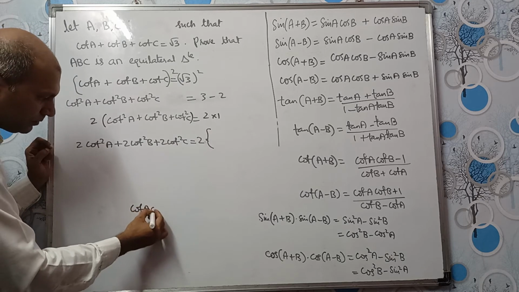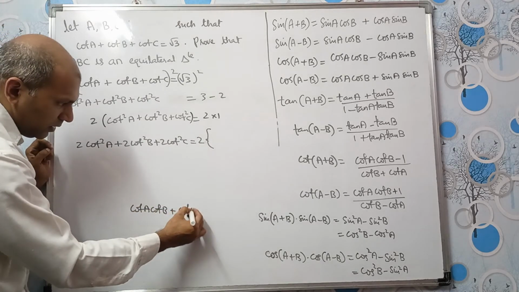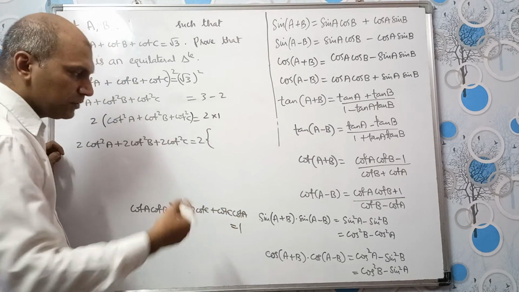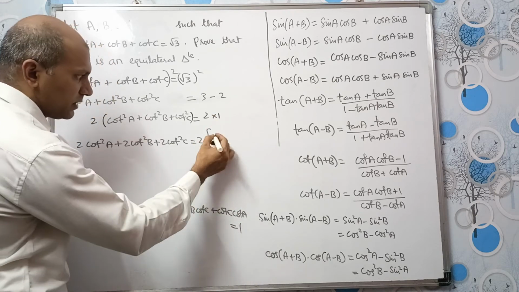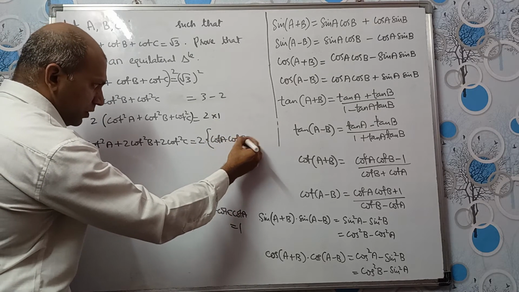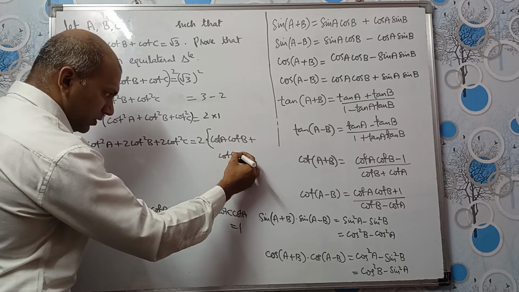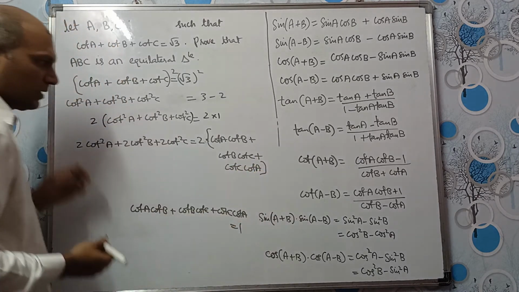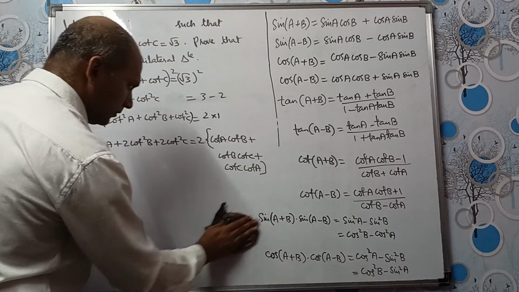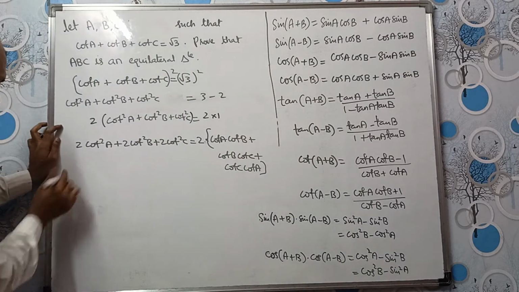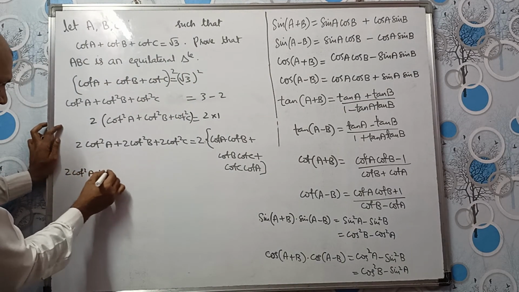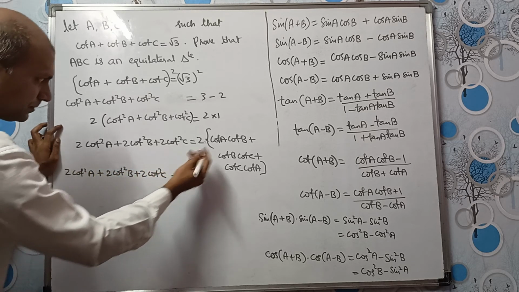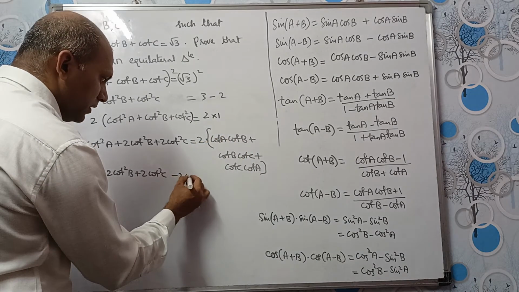It was cot A cot B plus cot B cot C plus cot C cot A is equal to 1 from the previous problem, right? So in place of this 1, let us write all this: cot A cot B plus cot B cot C plus cot C cot A. So here, this is 2 cot square A plus 2 cot square B plus 2 cot square C. Let us write these terms on this side.